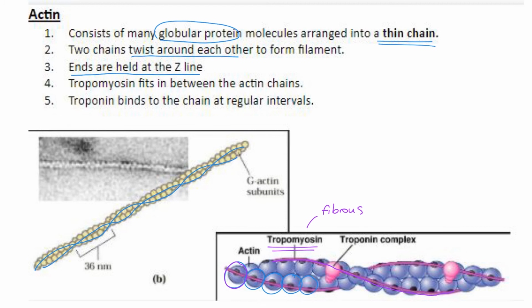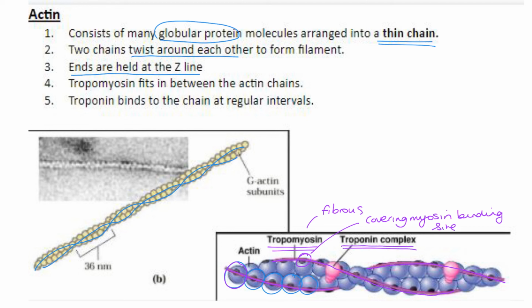Can you see how tropomyosin fits between the actin chains and wraps itself around? The tropomyosin, when the muscle is at rest, is covering the myosin binding site on the actin. That little black circle you see is the myosin binding site on the actin, and it's being covered up by tropomyosin.